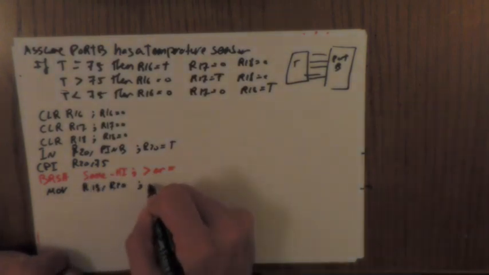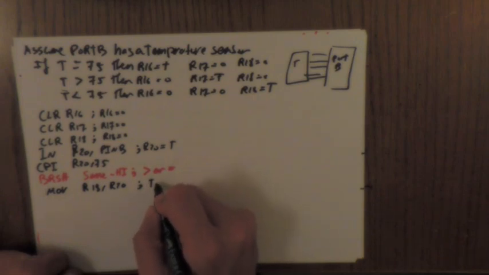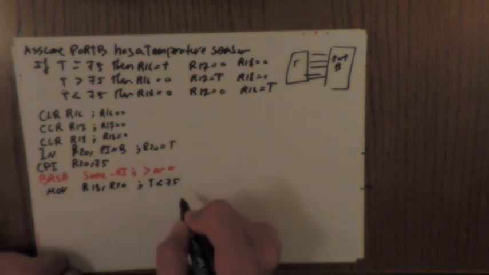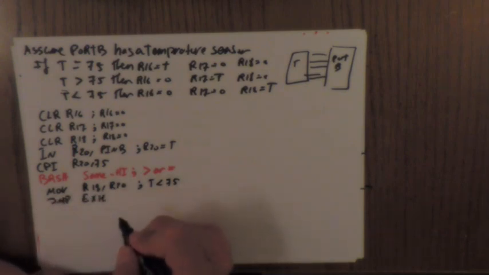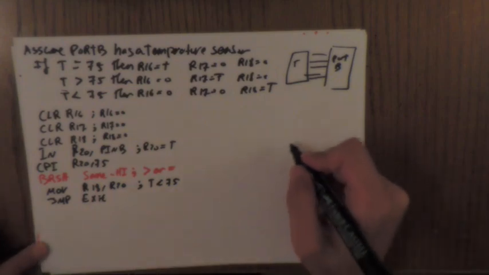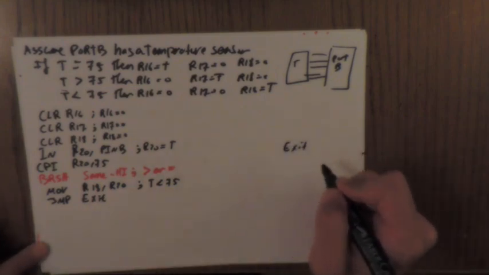So this is the case where T is less than 75. And then I go with jump exit. Where exit is somewhere in the code, the end.